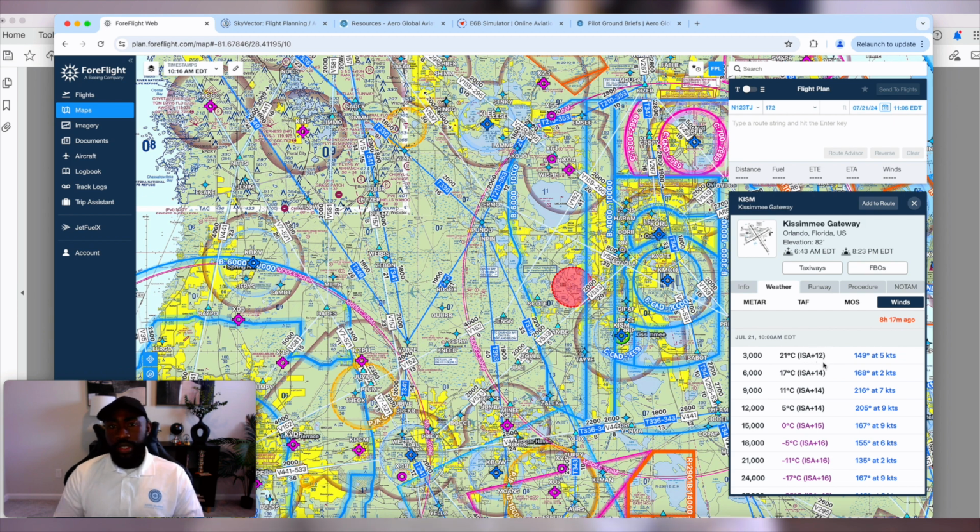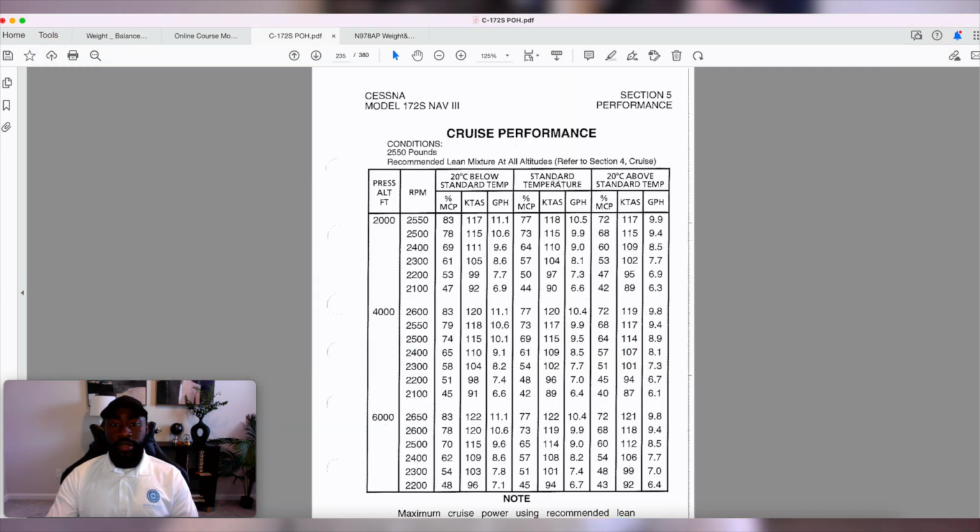ISA is your International Standard Atmosphere, and as you can see, it tells you about your standard temperature here. The International Standard Atmosphere basically tells us the difference between the current temperature at that altitude and what it would be within the standard atmosphere.